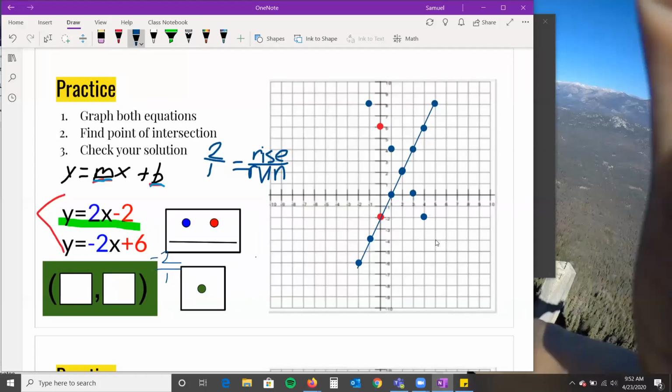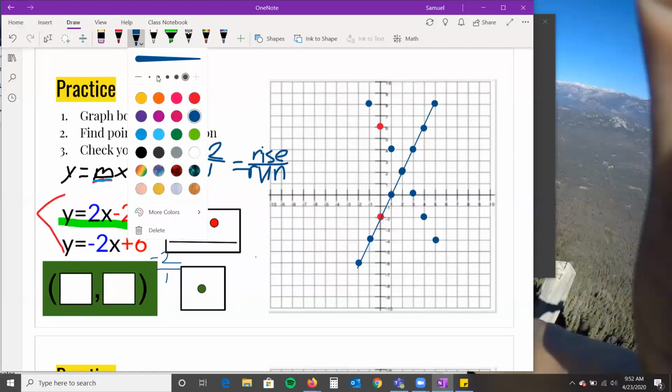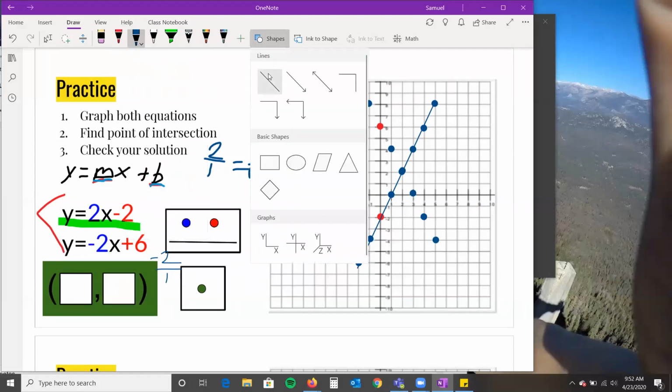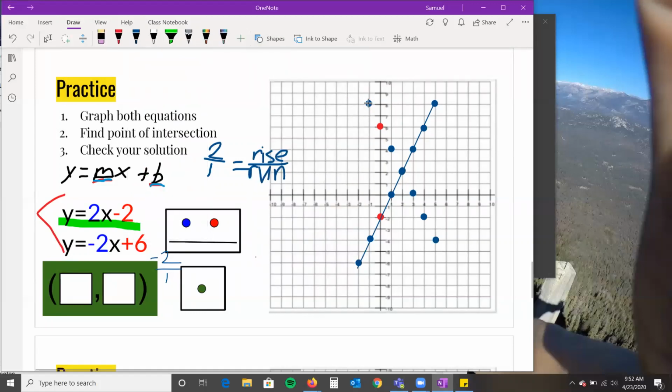Now I have my second line, and I connect my dots like so. Where else do they hit? Right here. That's at 2, 2, which looks like the solution. So I would say my solution is 2, comma 2.